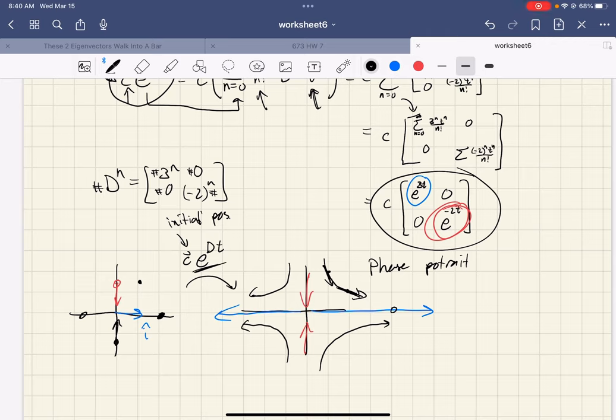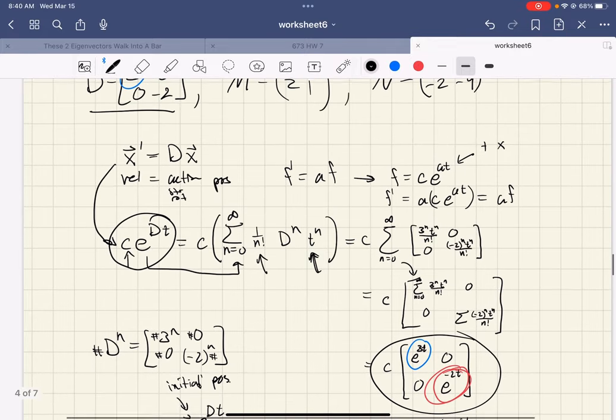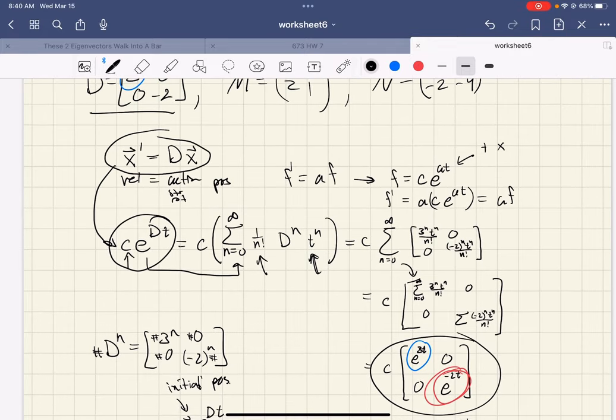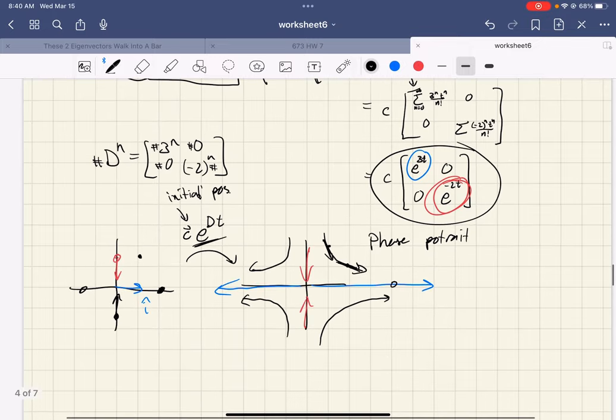All right. Now, I feel like we've lost track of where we came from, so let me back up and talk about the phase portrait one more time. This is really saying that the velocity is equal to how this D matrix acts times our position. So this is our position x, and the velocity is Dx.